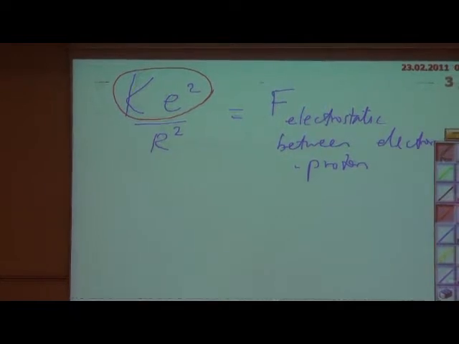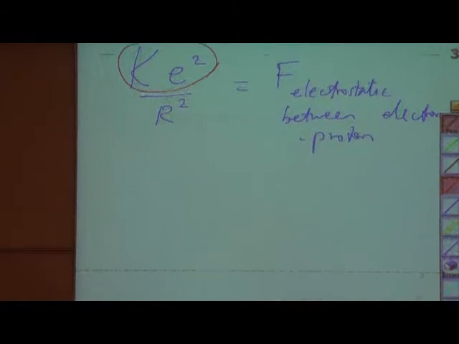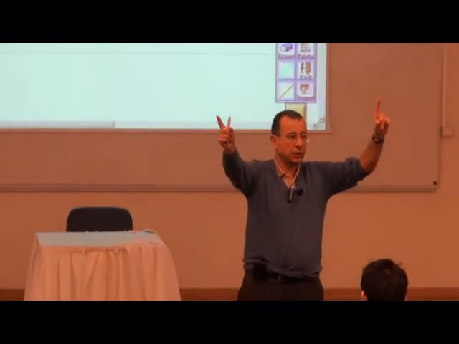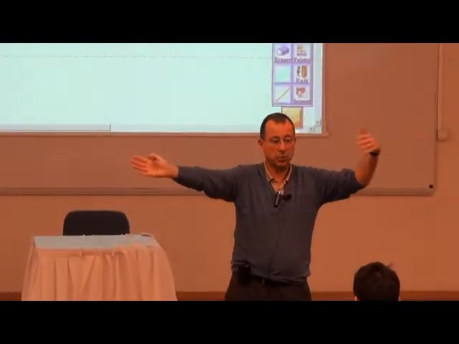Not just K, but I put the E square in there, because in any atom, maybe it has 5 protons, then I put the number 5 in front. But the charge of each proton and the charge of an electron is the same in any kind of atom. Hydrogen, helium, boron, whatever you want.